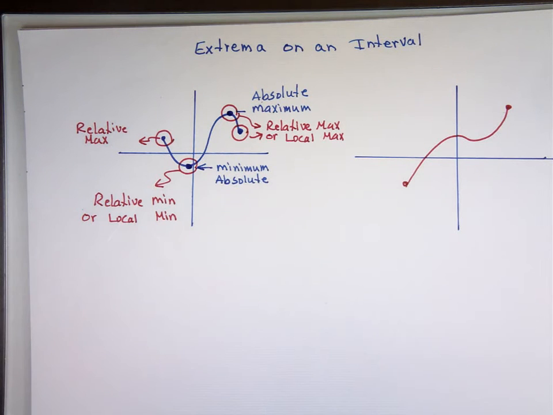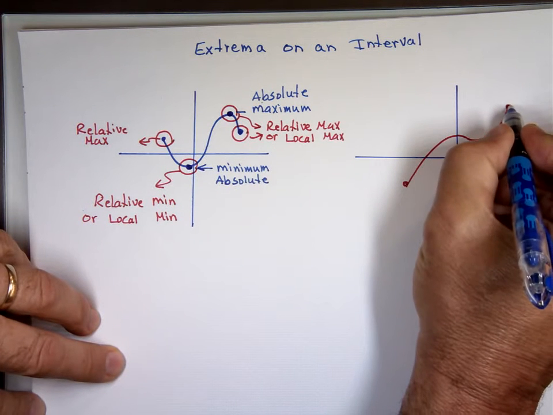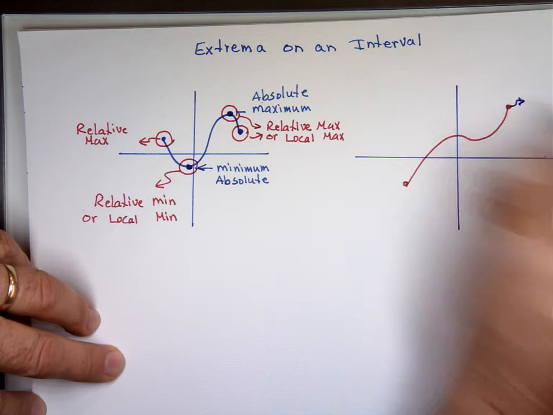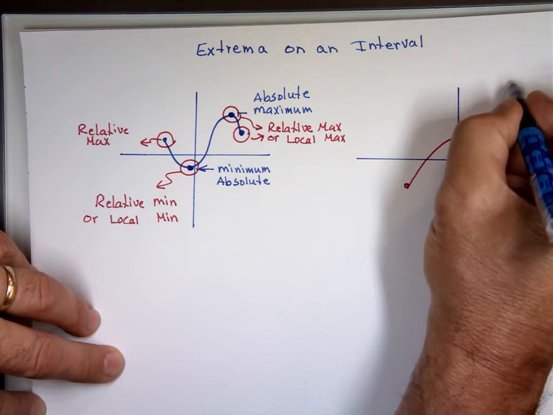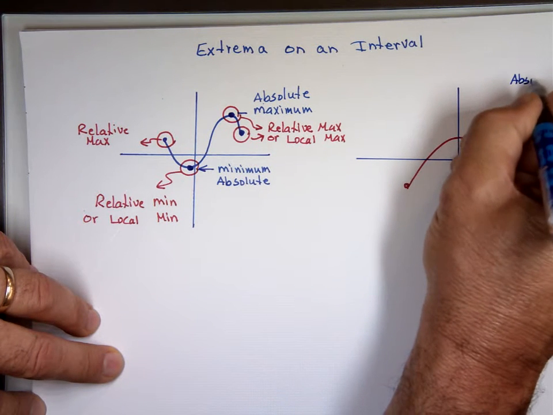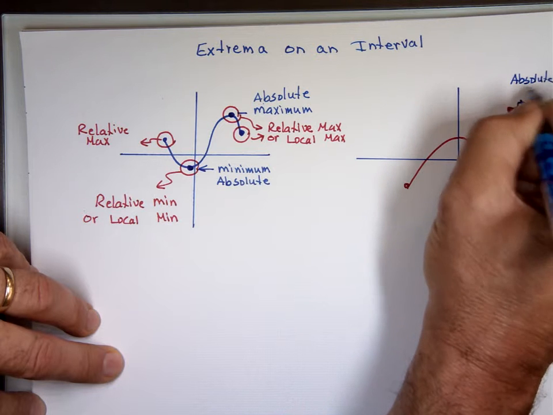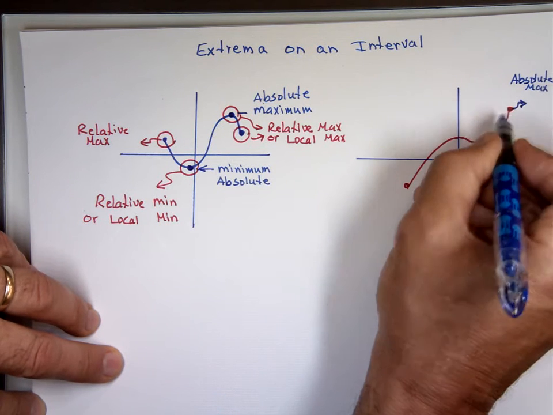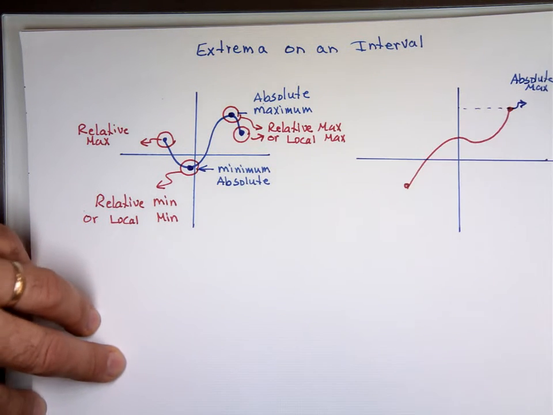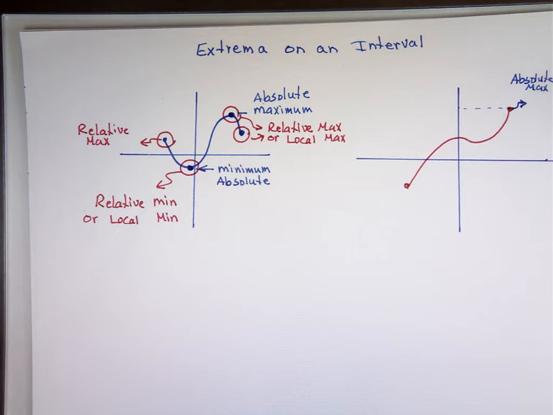Let's look at that graph. This point here is what? Isn't that the absolute max? I don't see anyone with a higher y value than that point. That's the highest one. Nobody above that.